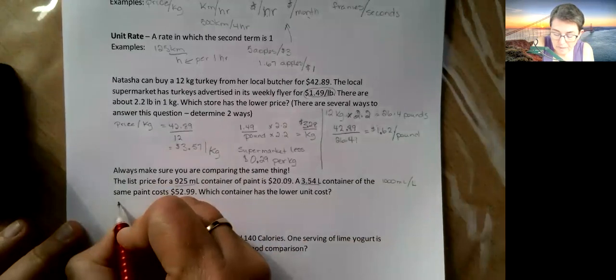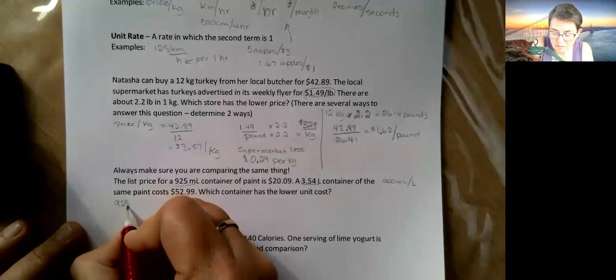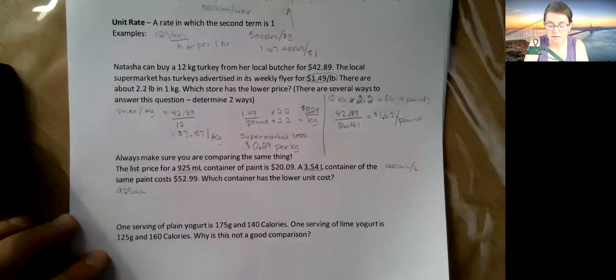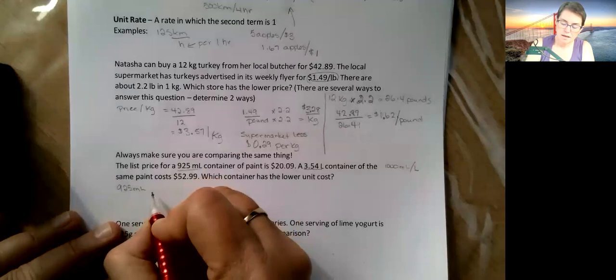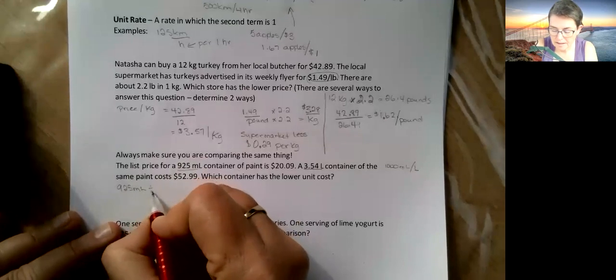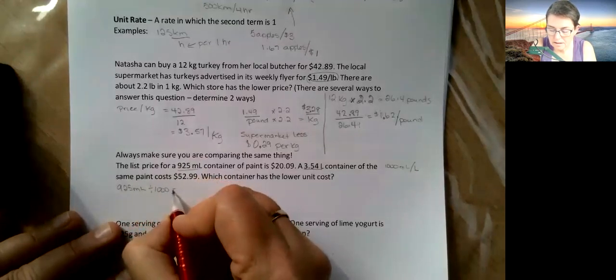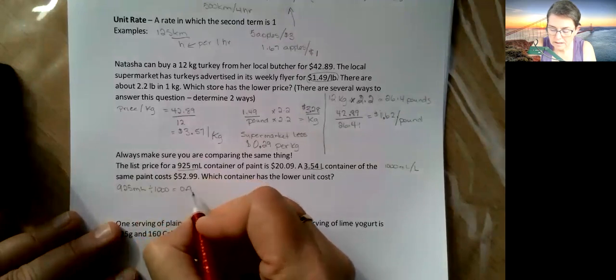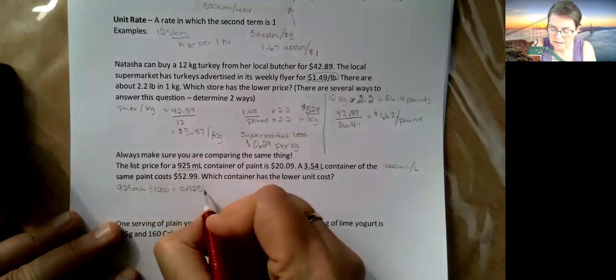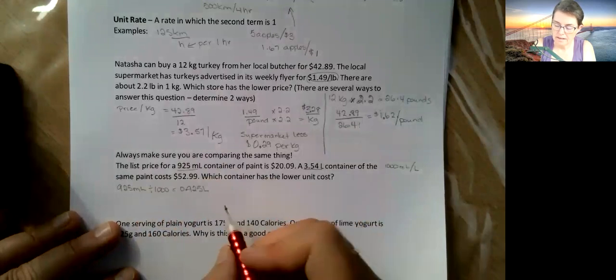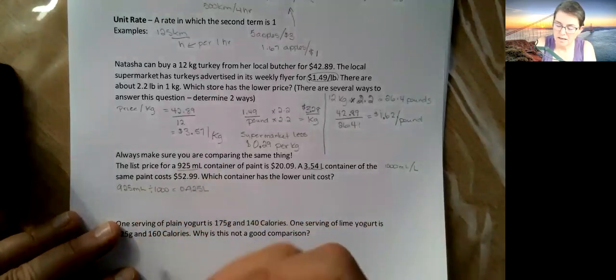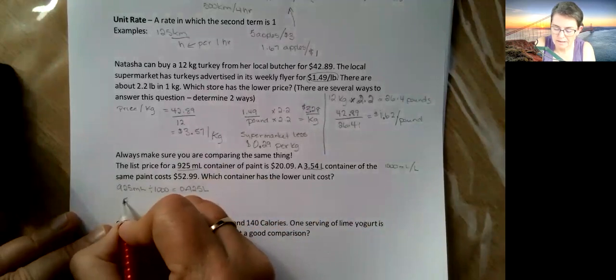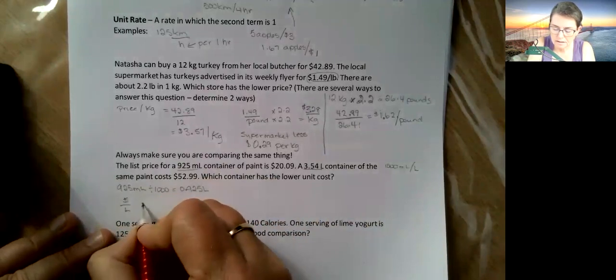so 925 milliliters divided by 1,000 equals 0.925 liters. All right, so we want the amount of money per liter. So we want price per liter.